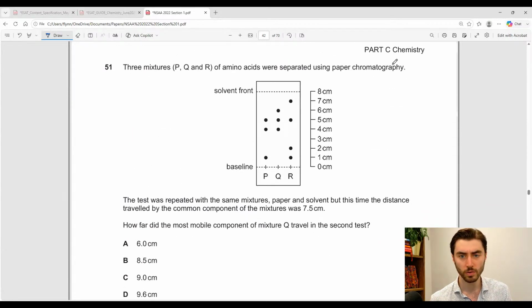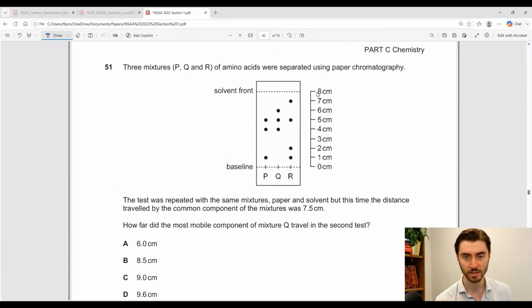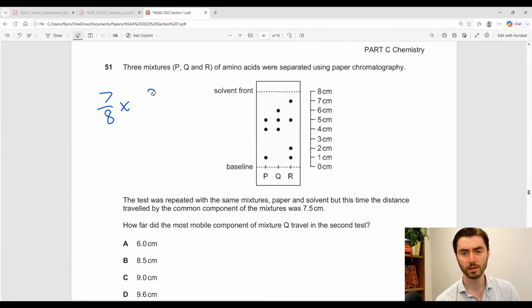51. So chromatography paper, the test was repeated, but this time the distance traveled was 7.5 instead of 8. The RF values would stay the same though. How far did the most mobile component travel in the second test? Well, it travels the same 7/8 of the way up of the 7.5, which is 15 over 2. Ew. Jesus, what am I going to do with this?